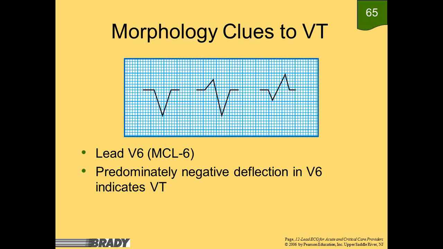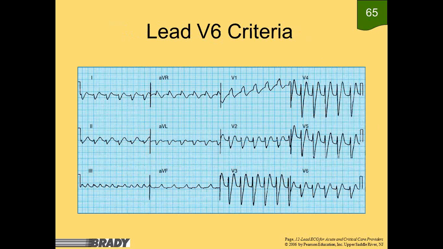The middle one is more down than up. And the last one shows an initial downward deflection and then it goes up. So all of those could be VTach in looking at V6. Basically, if V6 goes up, then it doesn't fit the criteria. But where it's got those downward deflections, it fits.